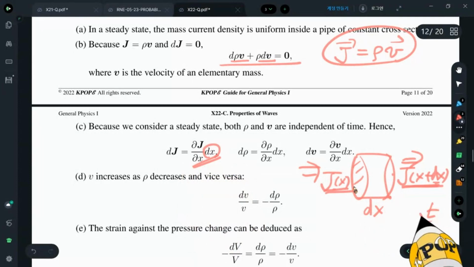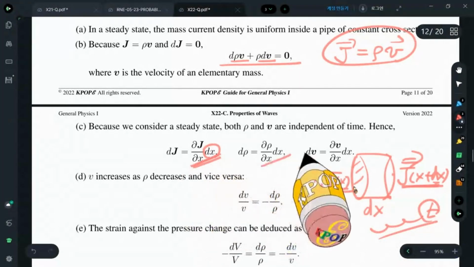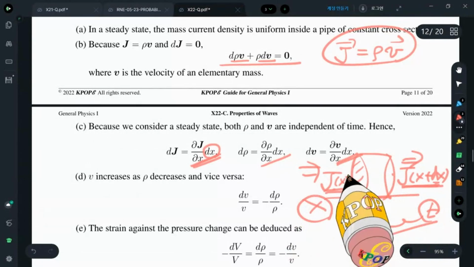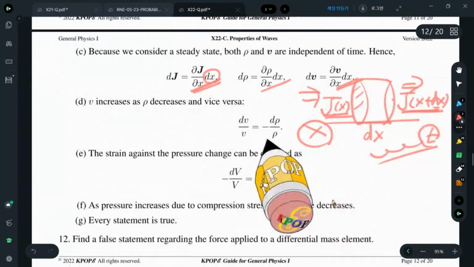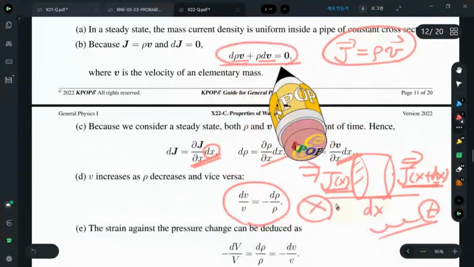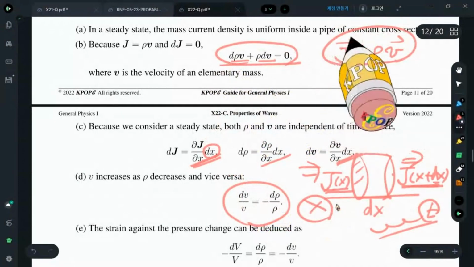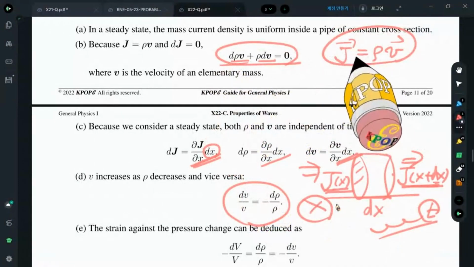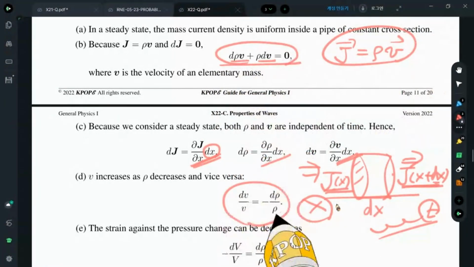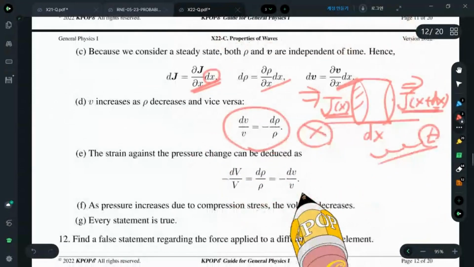We know time dependence disappears as steady state, so we have a single variable problem with respect to x, all right? And this one results from this result because J is constant and J is a product of rho and v, and this one is identical to this relation.